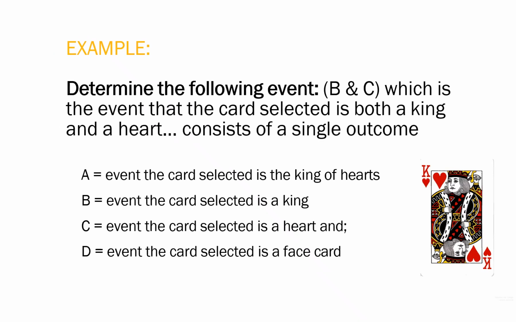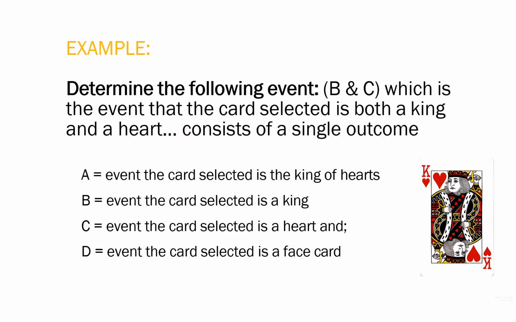This one's a little bit more interesting. Determine the following event, B and C. Again, we're talking about a playing card experiment where you're randomly selecting a card from the deck of 52, and we're asking for the event B and C. It's the event both B and C occur, and the event that the card selected is both a king and a heart.